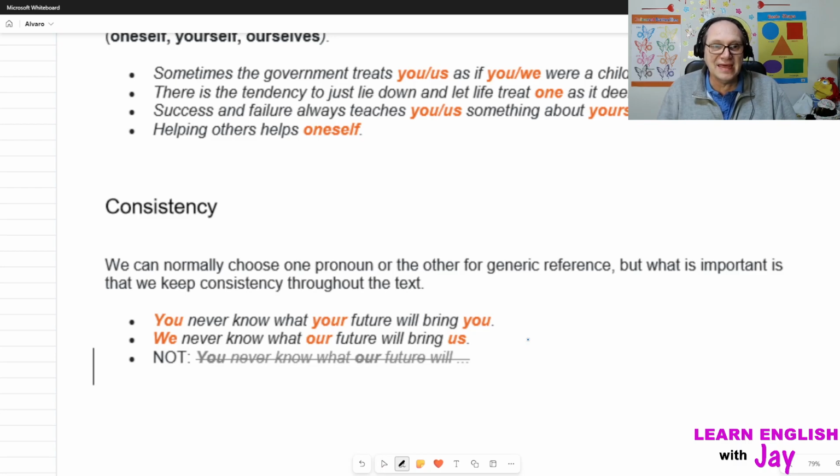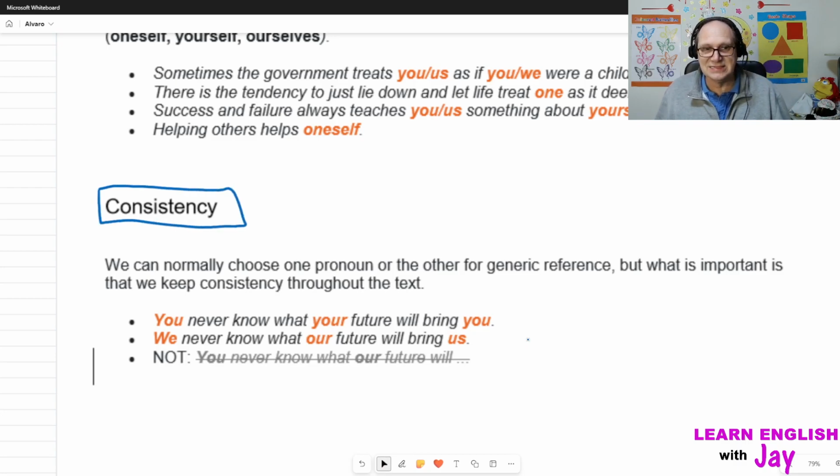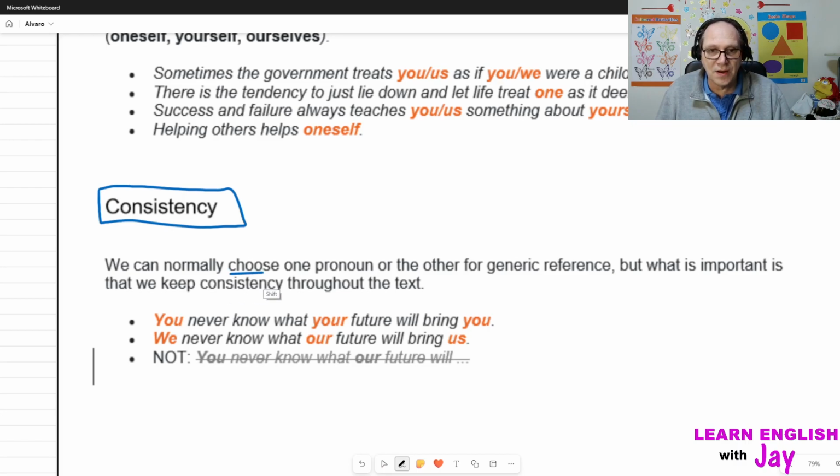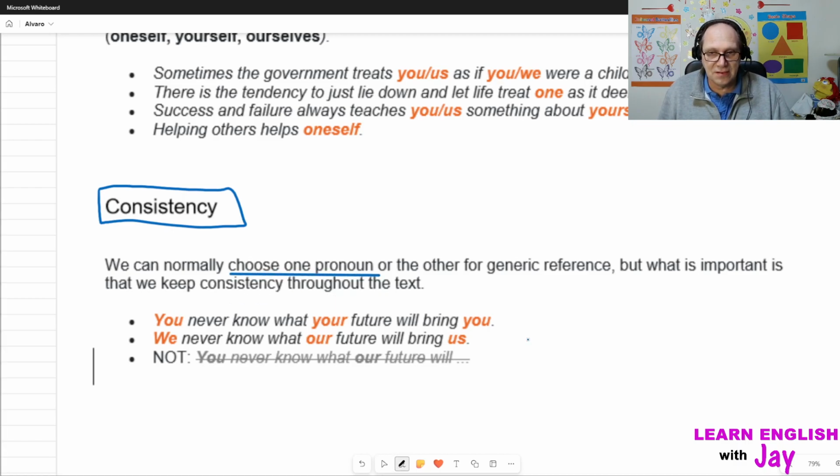Now, something that is really, really important is consistency. Keeping it constant. So if you choose to use one kind of pronoun, stay with it. Don't change it.